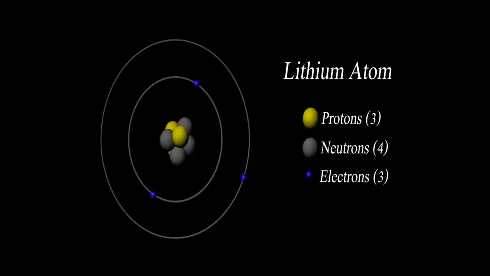In the lithium atom, you see that there are three protons, four neutrons, and three electrons. They stay at the center, but outside, in the orbitals, the electrons are moving.